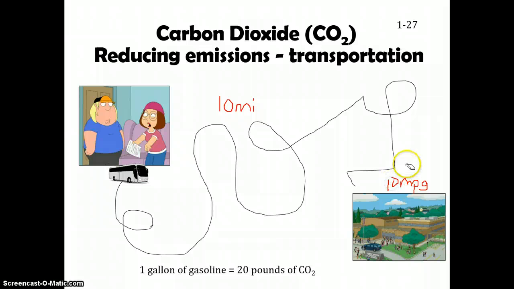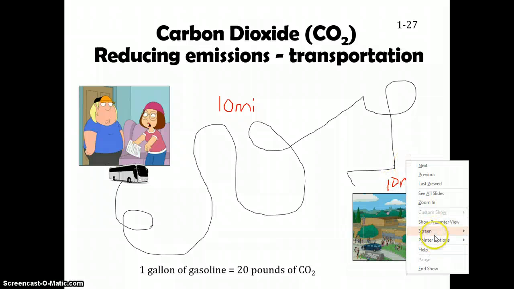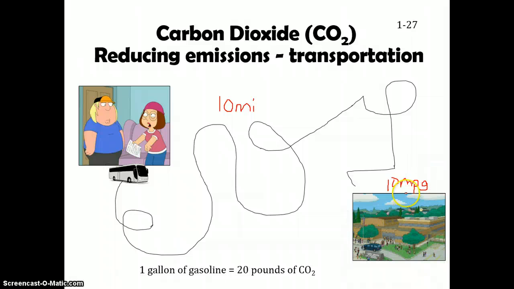They're not horribly fuel efficient, and that's okay. So let's say it gets 10 miles per gallon like that first car. It's going to go the same path. It's still going to go this 10 miles, so it goes 10 miles, it gets 10 miles to the gallon, meaning that it burned 1 gallon of gas.